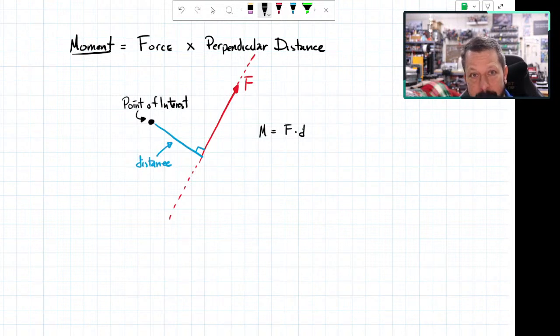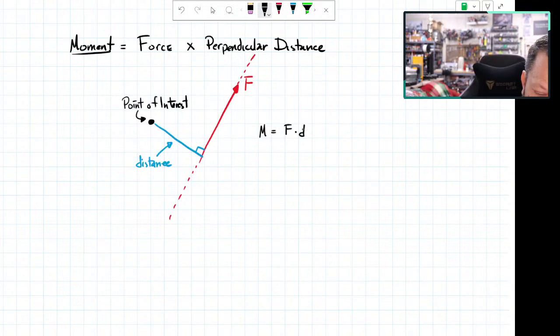Distance is 0, so the moment is 0. That's why we started with the concurrent force systems, where we had our equilibrium equations, summation of forces in x equals 0, y equals 0, z, if we have 3 dimensions, equals 0. And I kept saying that there was also another one that we would eventually need. This is the other equilibrium equation that we also need.